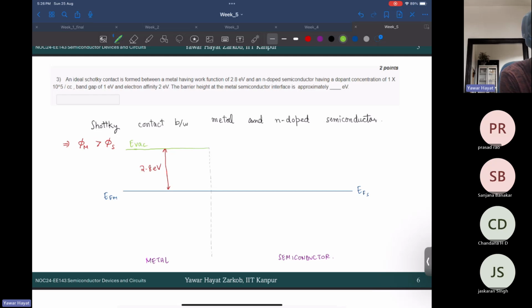And electron affinity is 2 electron volt. 2 should be roughly somewhere here, so I guess I would draw something like this. Let this be 2. Now what about EC?